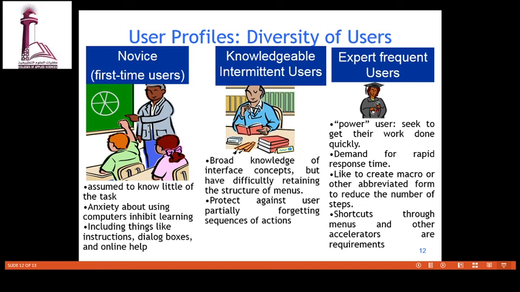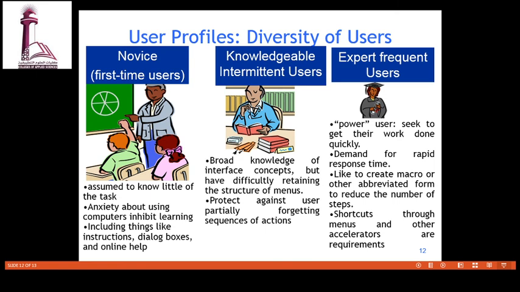Then the next type of users are knowledgeable intermittent users. They have broad knowledge of interface concepts, but they have difficulty retaining the structure of menus.